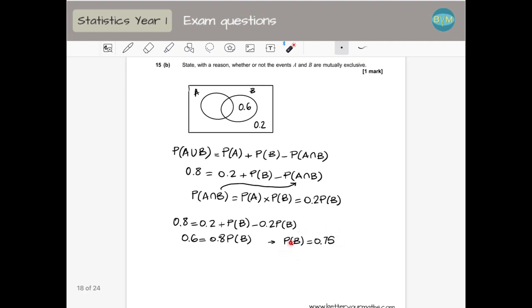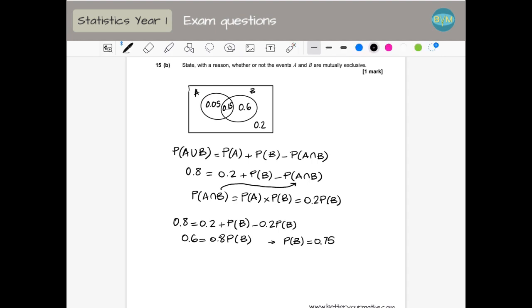Probability of B is this whole thing. So this is 0.6, that means this is 0.15. And probability of A is 0.2, so if this is 0.15, this is going to be 0.05.